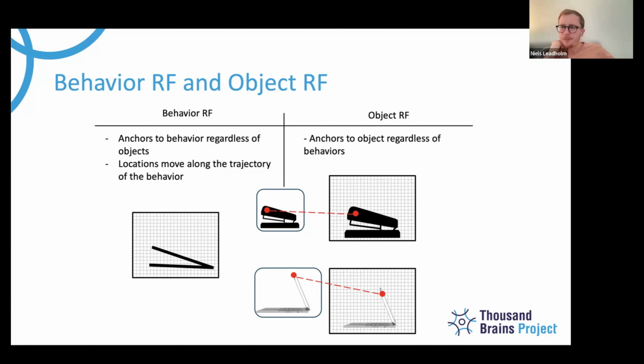You're anchored to a behavior. So if I'm looking at this stapler, can you see my camera? Yeah. If I occlude part of it and then still move it, because of the movement that I've seen from the part that is not occluded, I can predict the behavior.